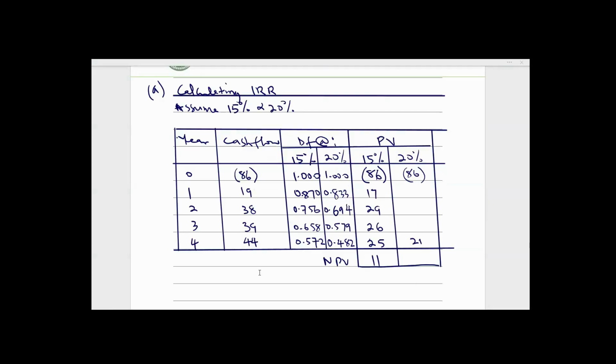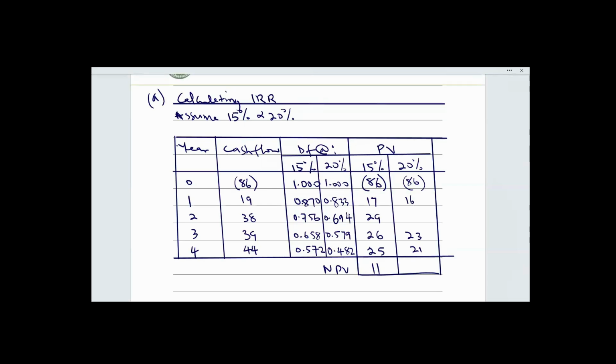The first one, 16. Yes. Then the second year, 26. So 16 plus 26, that's 42. 42 plus 23, that's 65, plus 21, that's 86.